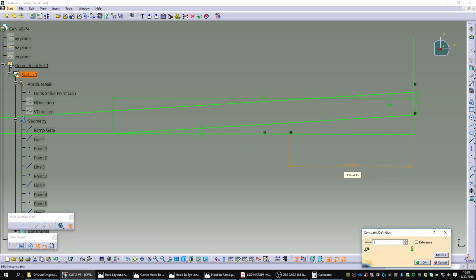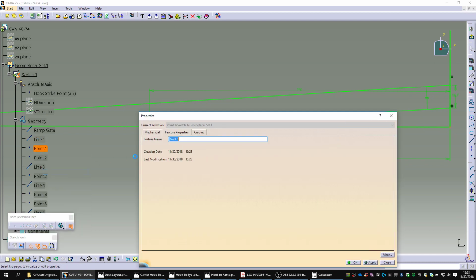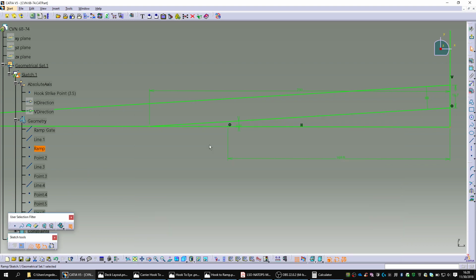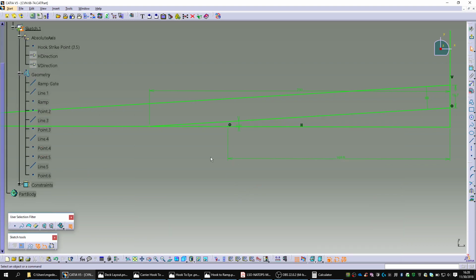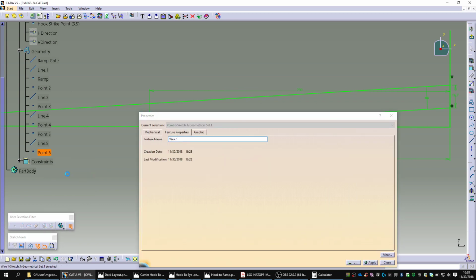We know that's 169.9. Cool. Okay. Did I call that ramp point? Let's call that ramp. Ramp. Okay. And then that point we just made, let's call that wire 1.